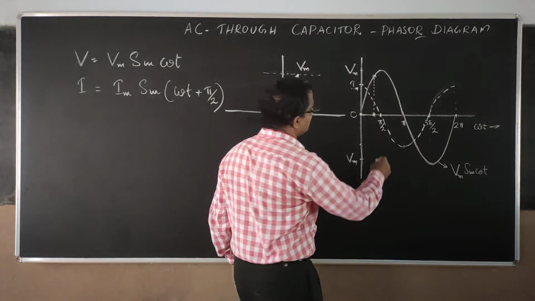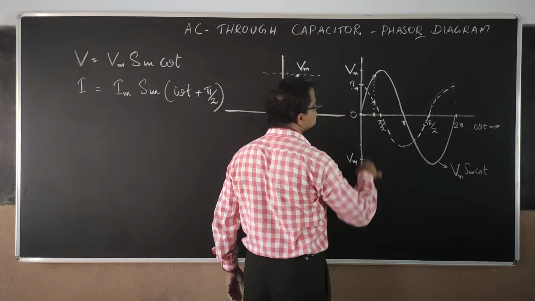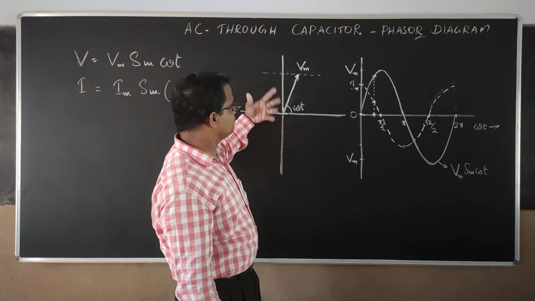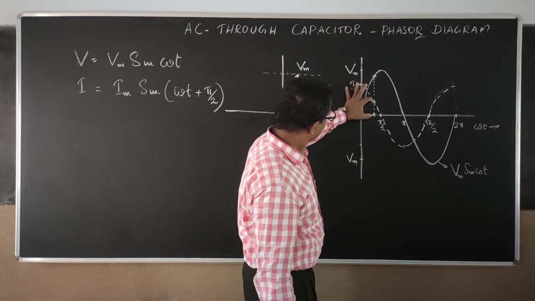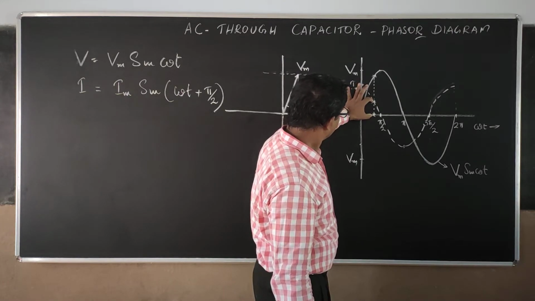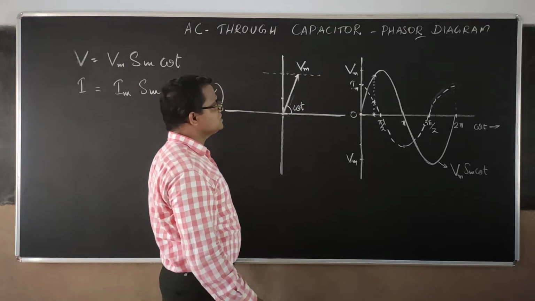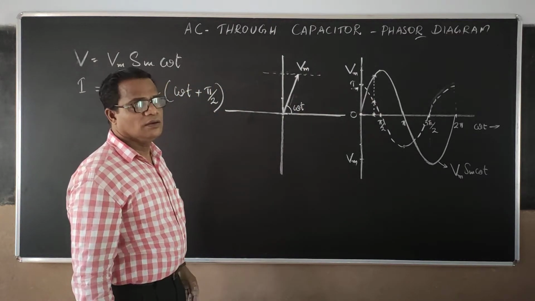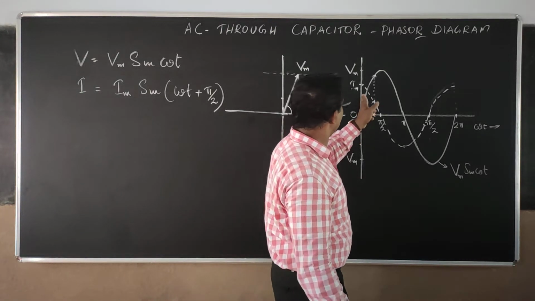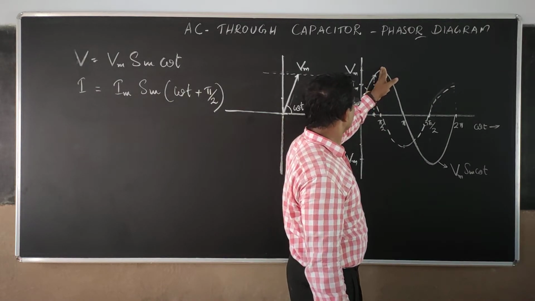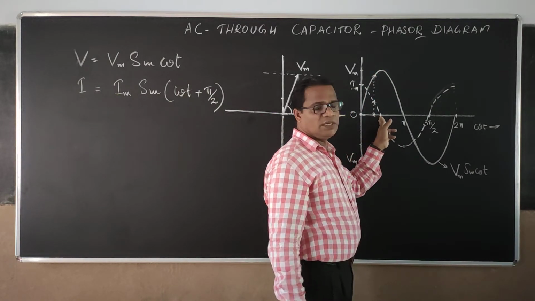Then at the same time the current is this much only at that point, and that too on the positive side here. But what's the problem there? When the voltage is going to be maximum, the current is going to be 0.